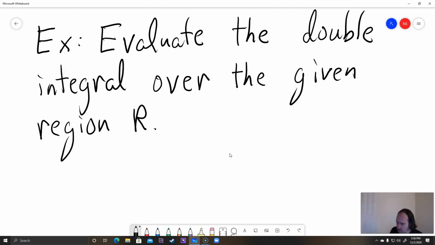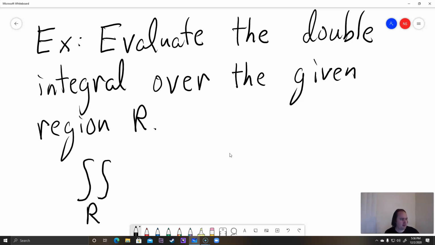Okay, and here our double integral is written in a different way than the iterated integrals. With an actual double integral, it looks a little bit strange the first time you see it. You still write the double integral symbol, but instead of writing x goes from whatever to whatever and y goes from whatever to whatever, you just write your region below it. So below it they just write capital R, which means we're doing the double integral over the region they give us.